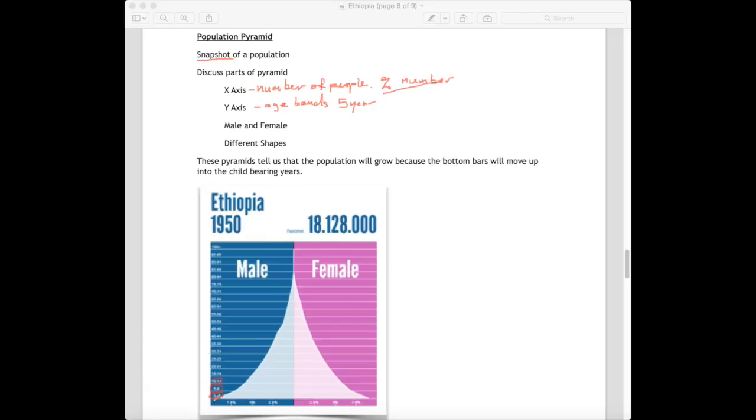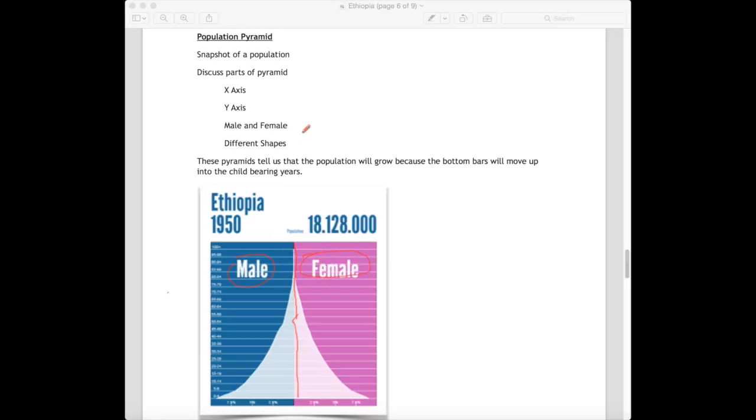The first one is from 0 to 4, from 5 to 9, 10 to 14. Another part of the graph is that down the middle is a line. It's separated into two. On the left, usually you have males, and on the right you have females.